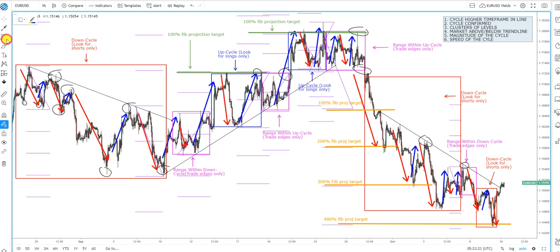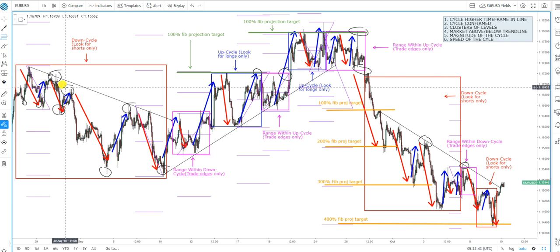Now the key here is, what are we going to understand as the next swing high? Are we just visually determining that, or do we want to use a little more of a mechanical approach?